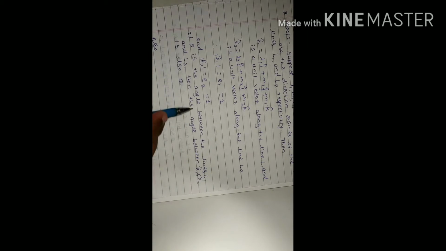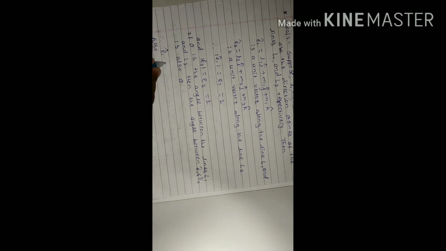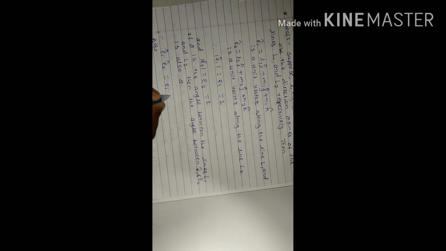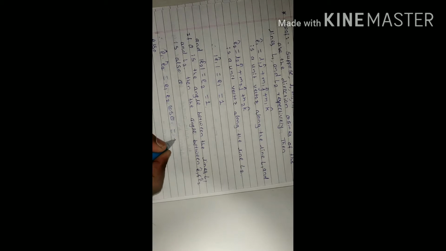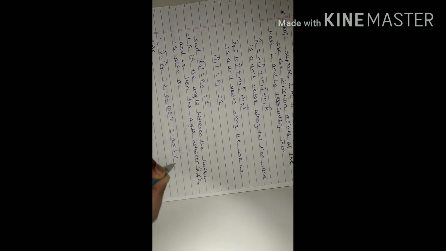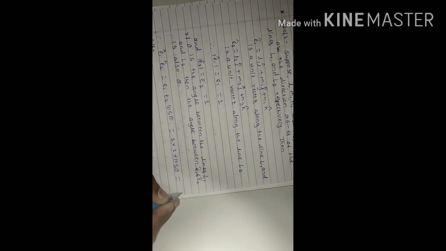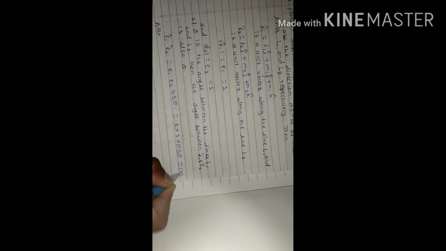If theta is the angle between the two lines L1 and L2, then the angle between e1 cap and e2 cap is also theta. Therefore e1 cap dot e2 cap is equal to the modulus of e1 into the modulus of e2 into cos theta, that is 1 into 1 into cos theta, so the value is cos theta.